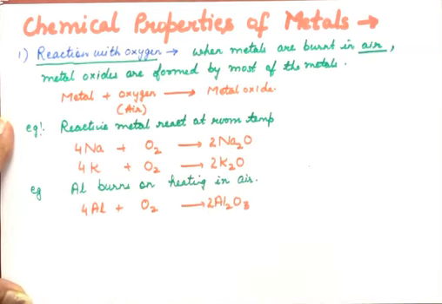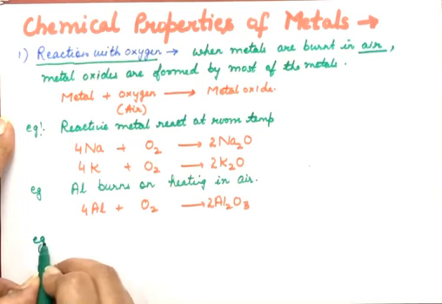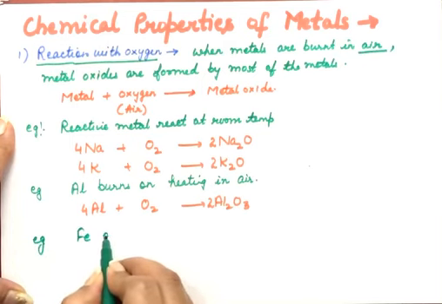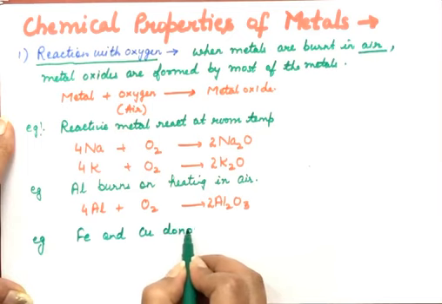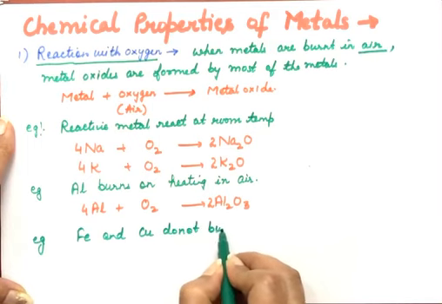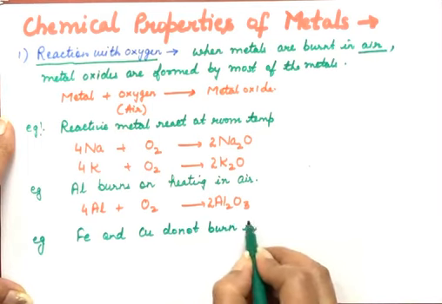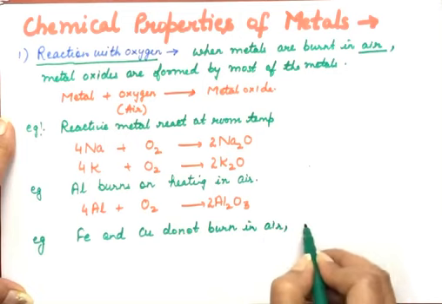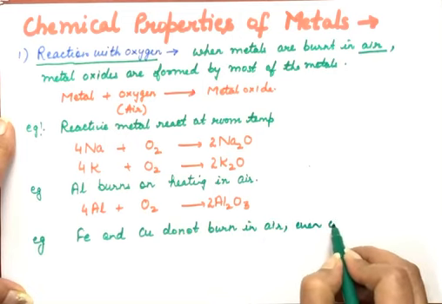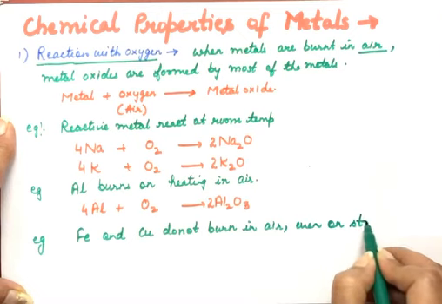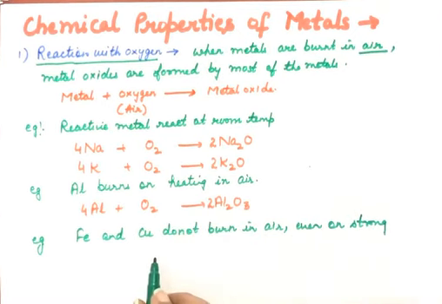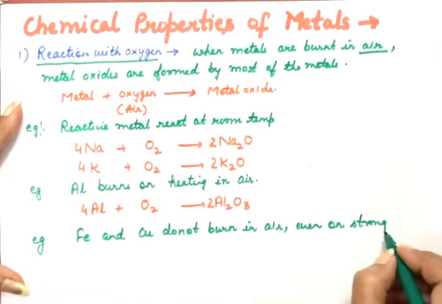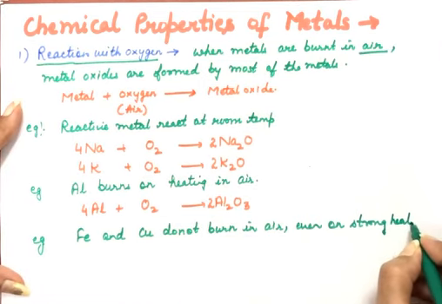Next, I'm taking the example of iron and copper. They do not burn in air, even on strong heating. Like aluminium can burn on heating, but iron and copper do not burn in air even on strong heating.